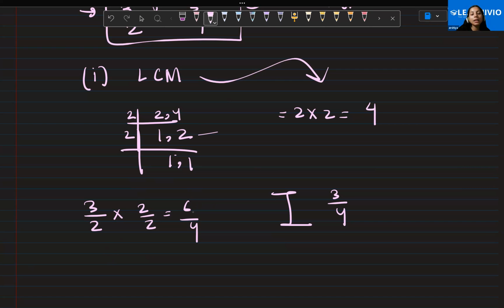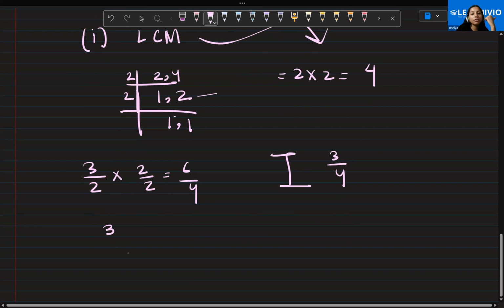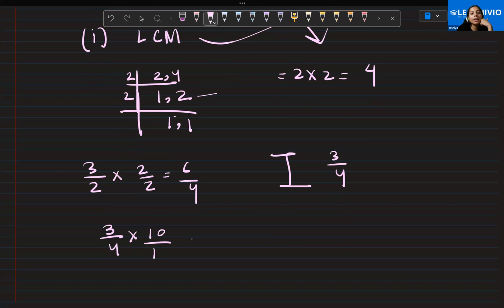Now you can see that you'll only have two rational numbers, like 4 by 4 and 5 by 4. So what we do in this case is take 3 by 4 times 10 upon 10. We multiply by 10 on both numerator and denominator, so we get 30 by 40.